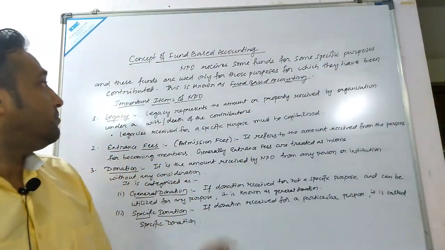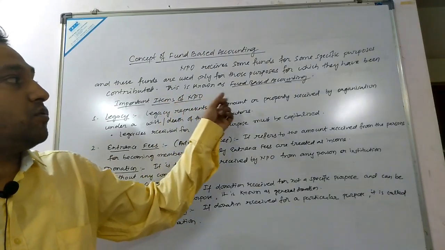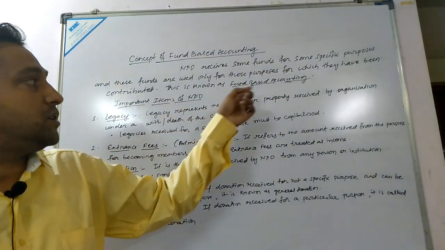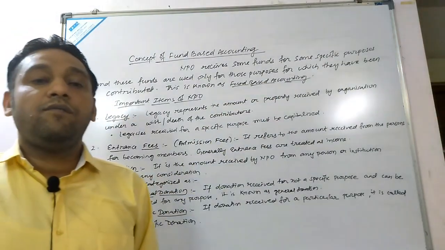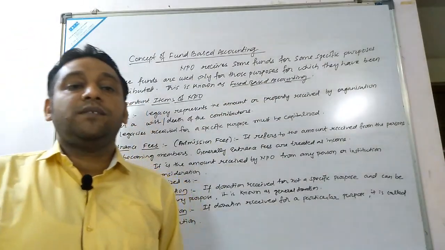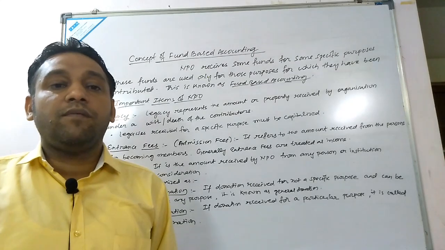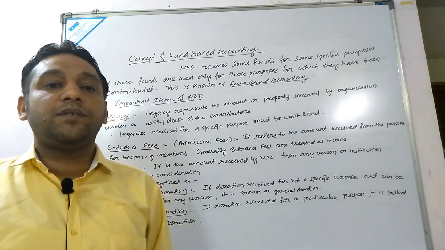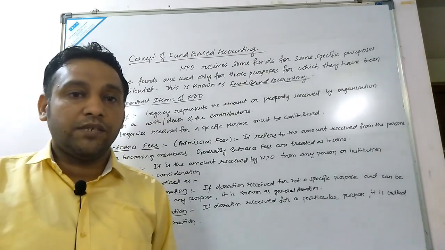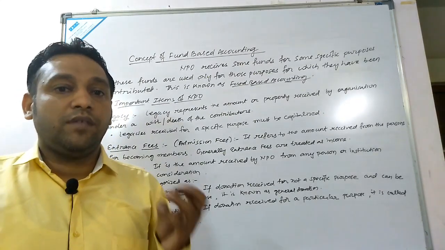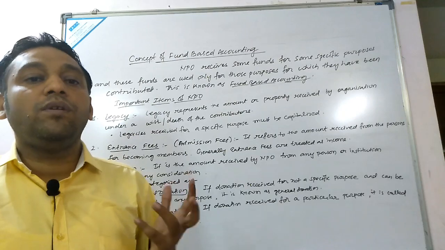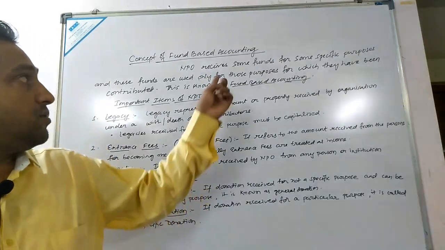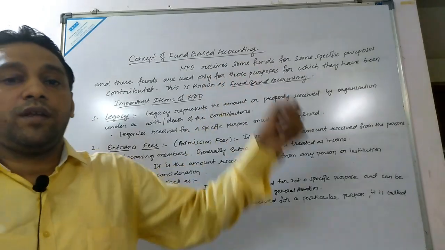So these funds can be used only for those purposes for which they have been contributed. This type of fund is known as fund-based accounting. For example, match fund, say rupees 50,000. Whatever fund has been received from the collection of matches would be utilized only for match purposes. That is known as fund-based accounting.